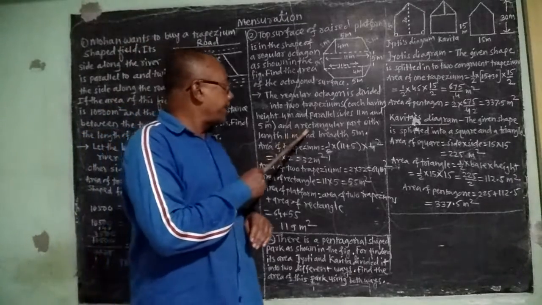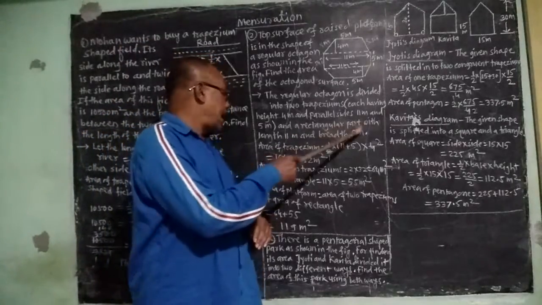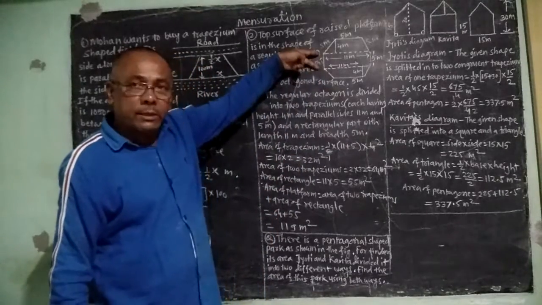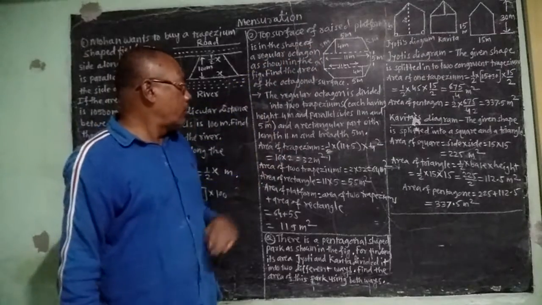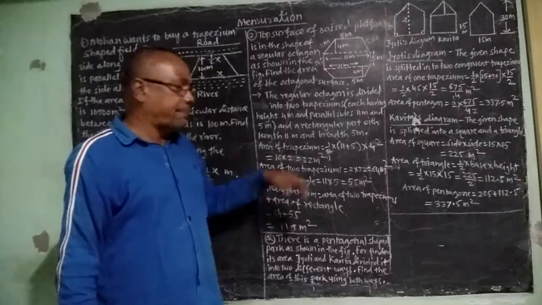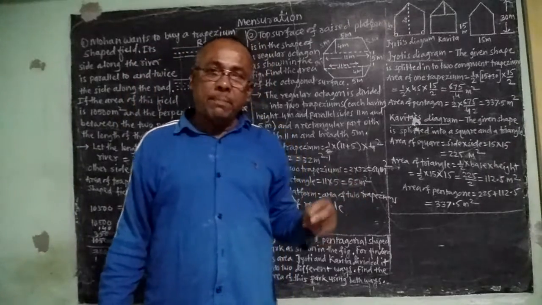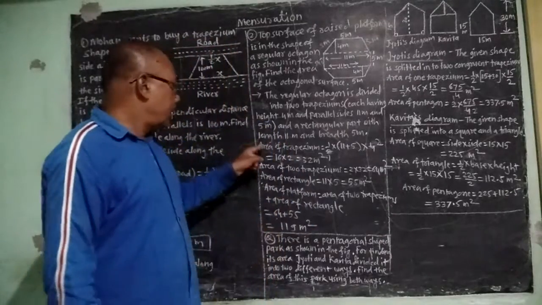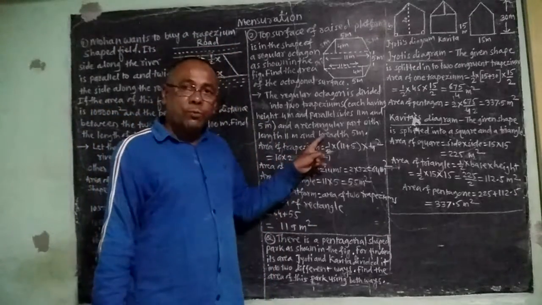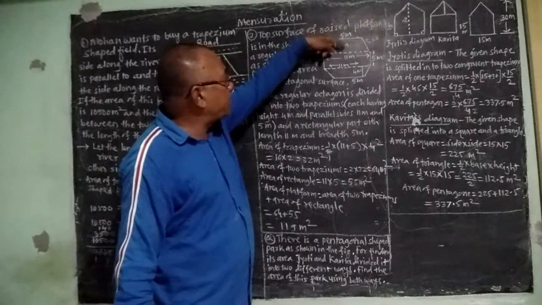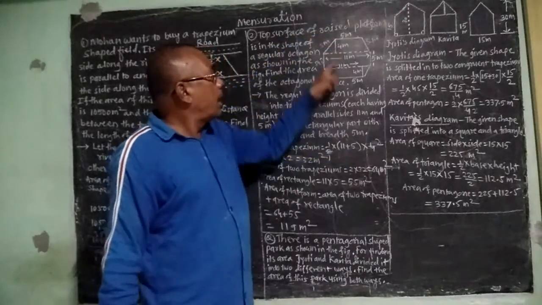Also, there is a rectangular part having length 11 meter and breadth 5 meter. Therefore the area of the trapezium is equal to 1/2 into sum of the parallels into height. Here the area of the trapezium is equal to 1/2 into (11 plus 5) into height 4.